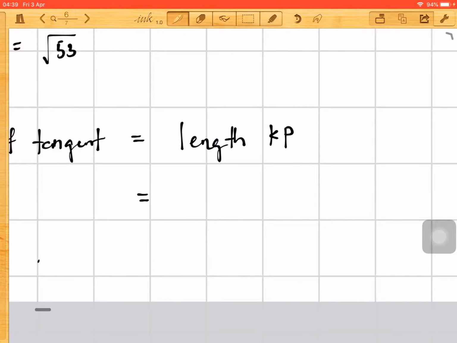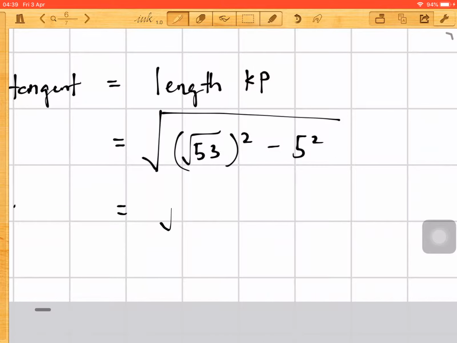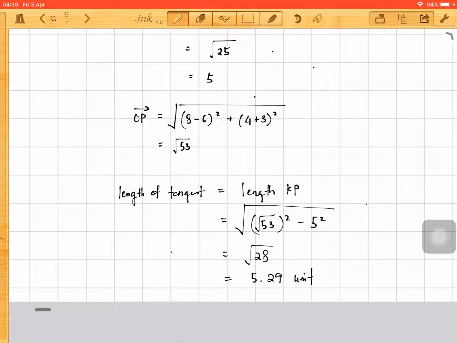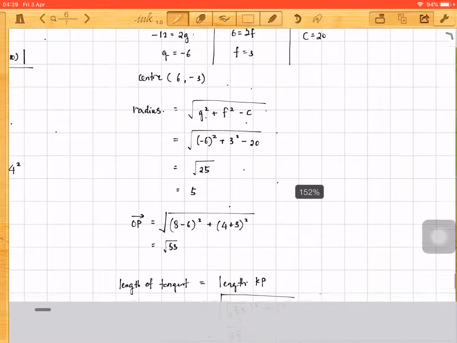So we have Pythagoras Theorem, square root of this square root 53 squared minus 5 squared, and then you square root the whole thing. So we have square root 28. The answer is 5.29 units because it's length. Alright, I'll show you the diagram again.